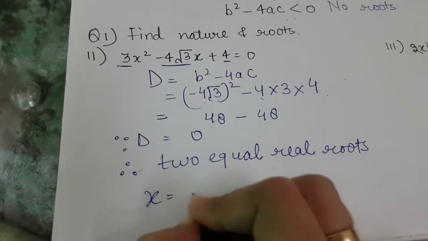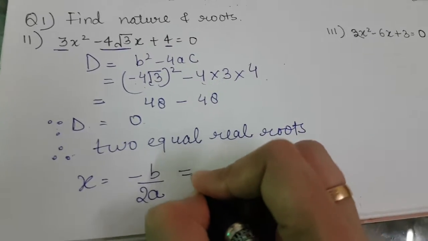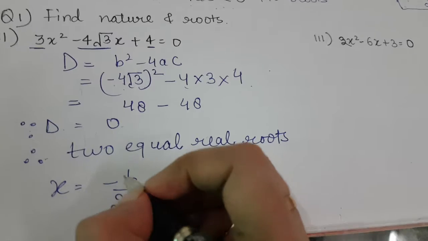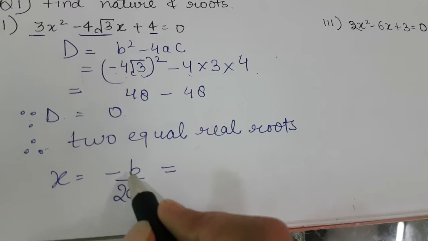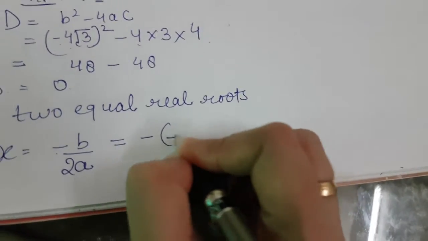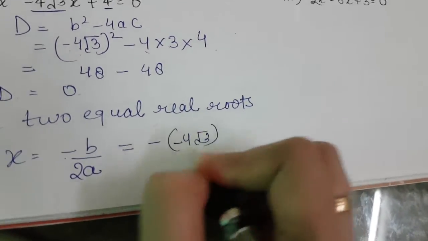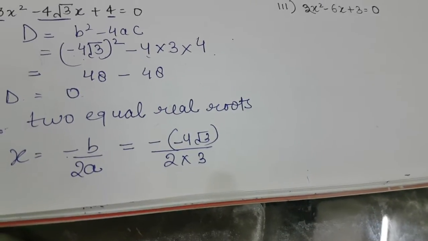So x will be equal to minus b upon 2a. The b value is minus 4 root 3. Take care of the minus here: the b value is already negative and the minus is also there. So minus of minus 4 root 3 upon 2 into 3, which is 2a.